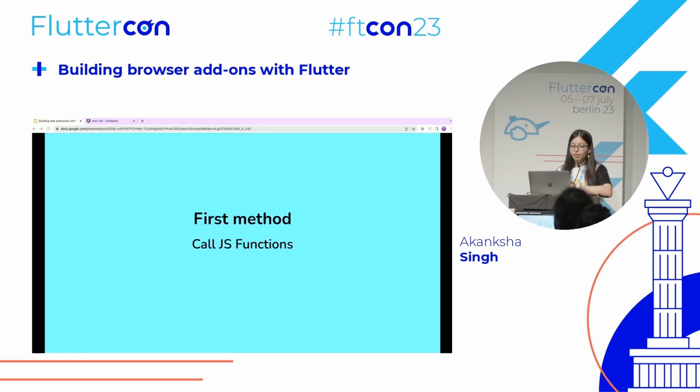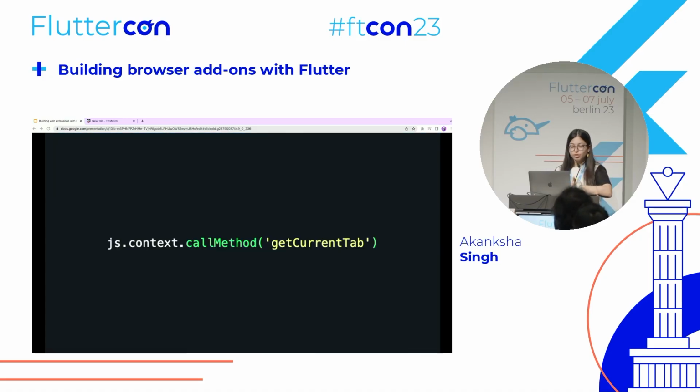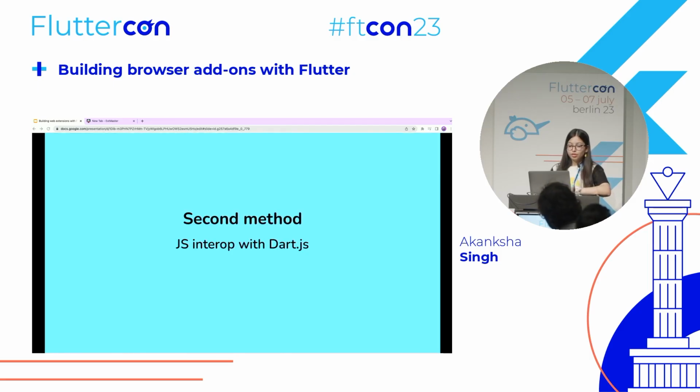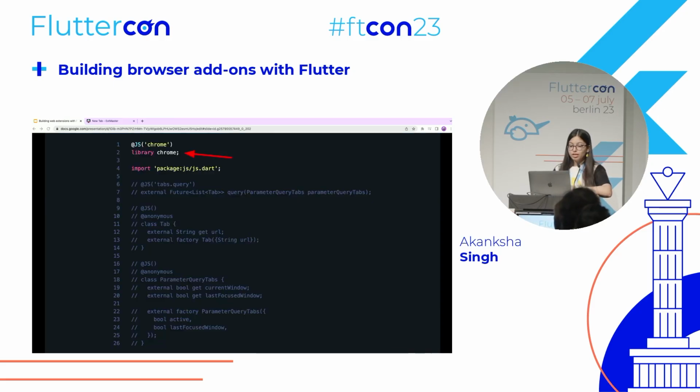For doing that, you can call the JS functions using js.context, and you can call the method. Otherwise, for both of them, we will be using the js package. So we can have a separate Dart file for accessing the APIs, and here we will define all the JavaScript functions and the objects that we need from the Chrome library.